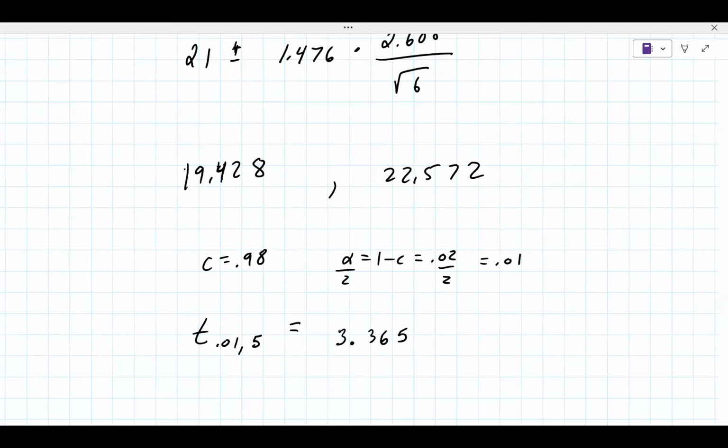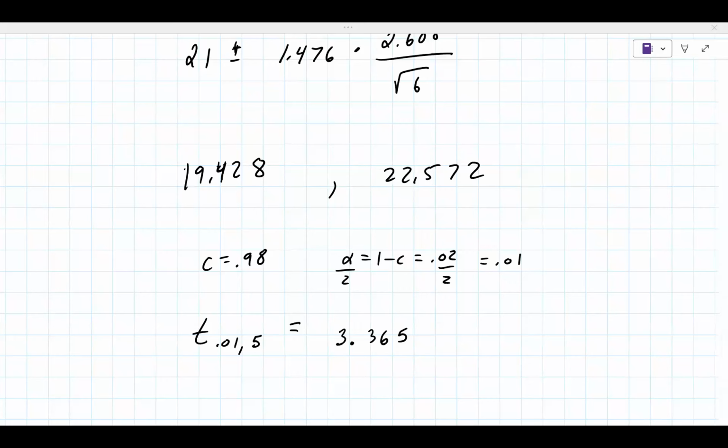Wait, so this time the 0.1, that's gonna be the value, that's the column. The column you're in. It's row 5, 5 degrees of freedom. Yeah, row 5 and then 0. I'm still reading it wrong.